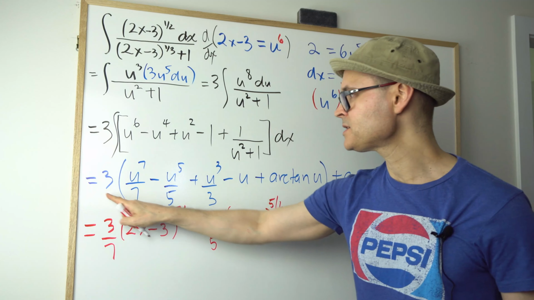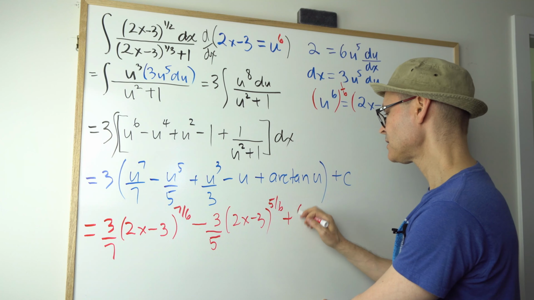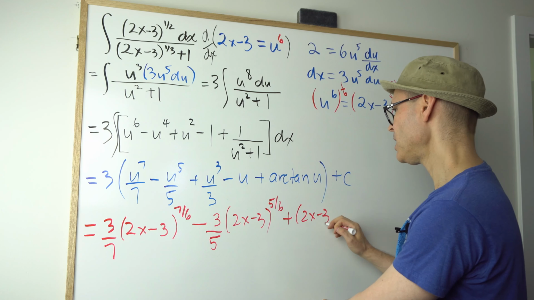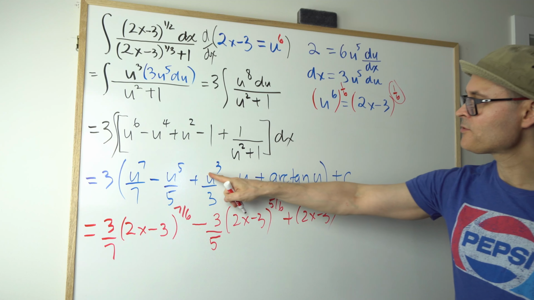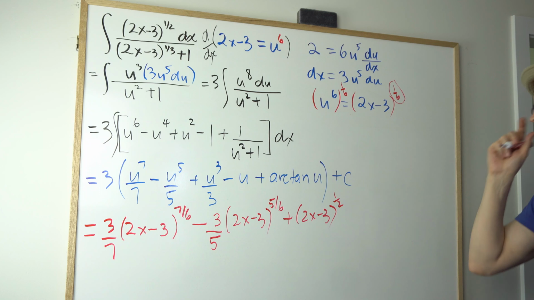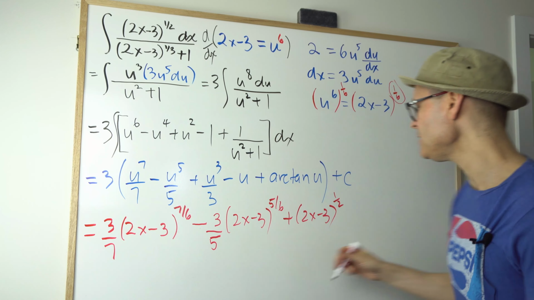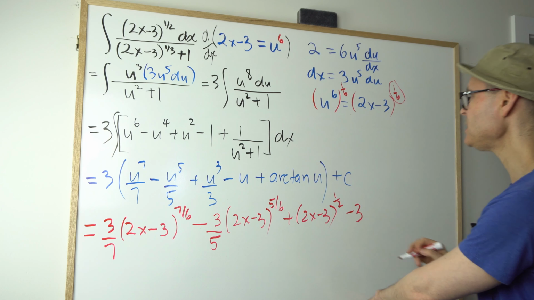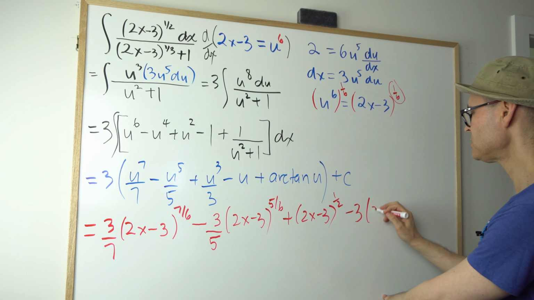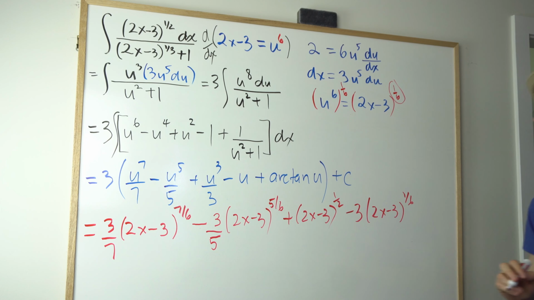Now look, the 3 is going to be multiplied by 1 over 3. So that's a wash. Plus 2x minus 3, and then 3 over 6, which is going to be a half. Okay. And we're doing okay here. And then minus 3. So minus 3u, which is 2x minus 3 to the 1 over 6.